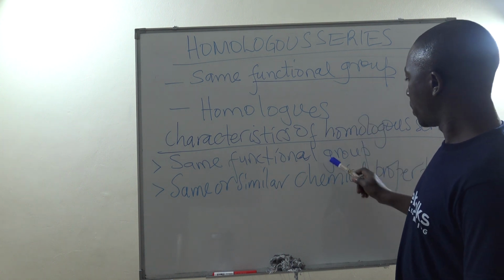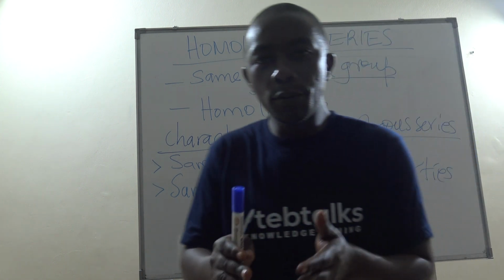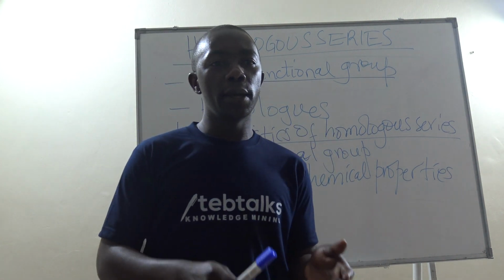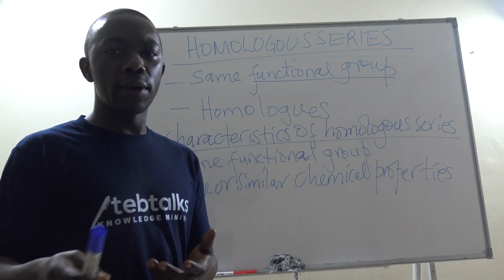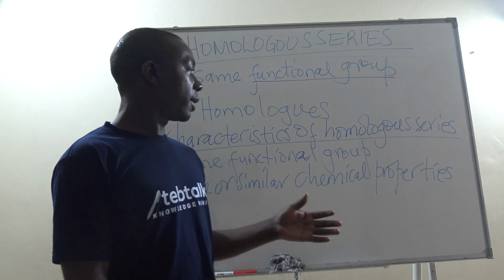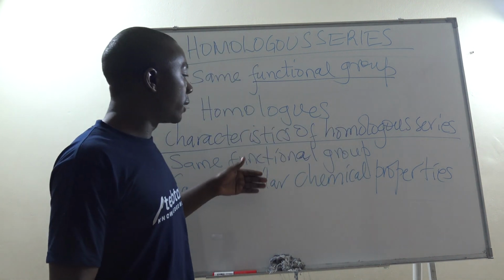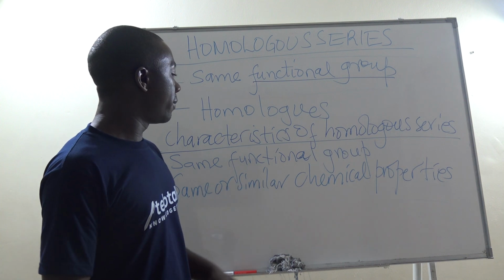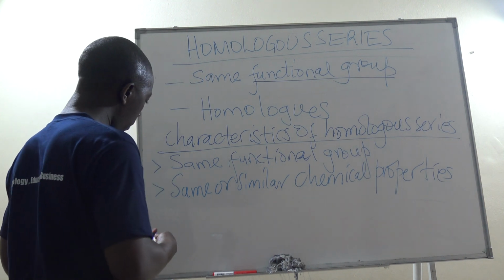Once compounds have the same functional group, then they should behave the same. That is why all men will put on trousers, because they have the same functional group. That is why all of them will behave the same. They would easily flock together, just like we say, birds of the same feathers flock together. Even the homologues also flock together by having similar chemical properties, by having the same functional group.